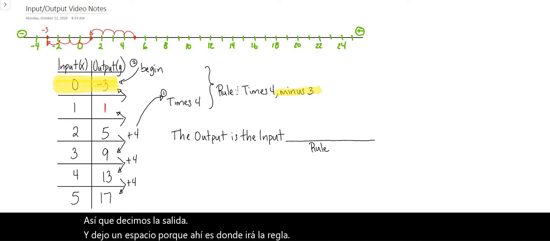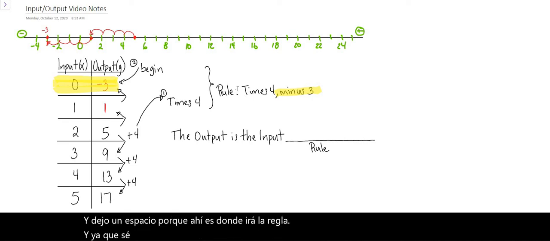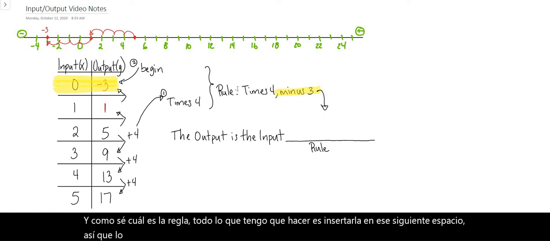And since I know what the rule is, all I have to do is just insert it in that blank space. So I'll do so, and I'll say times 4, comma, -3.